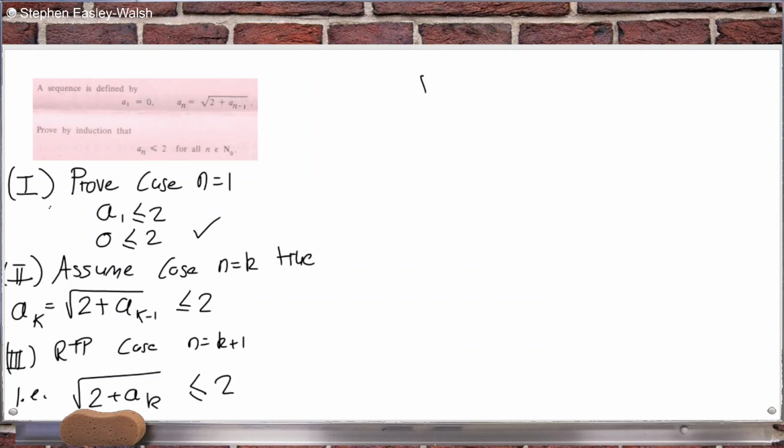With the inequalities, it's usually better to start at 2 and work upwards, although in this case, because of the recursive sequence, it's better to go the other way. So if we start from 3, we have root 2 plus ak is less than or equal to 2. And we want to prove that's true.